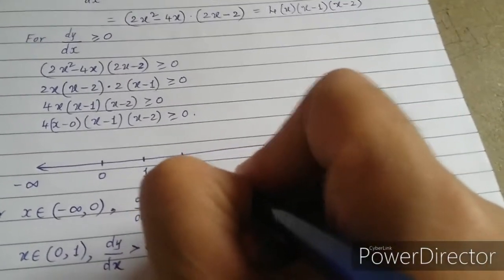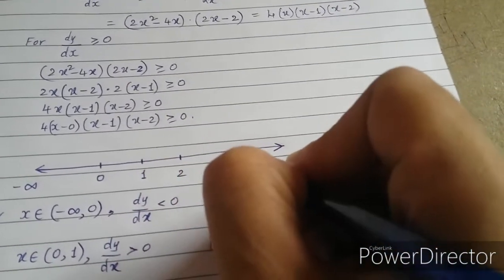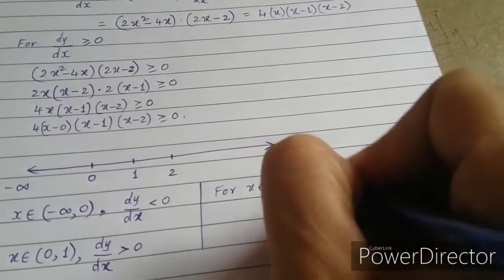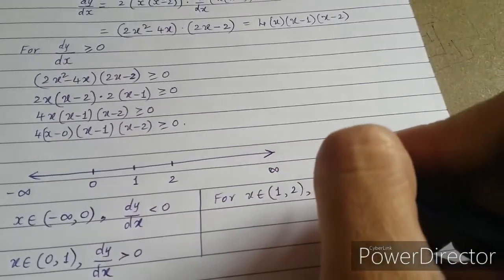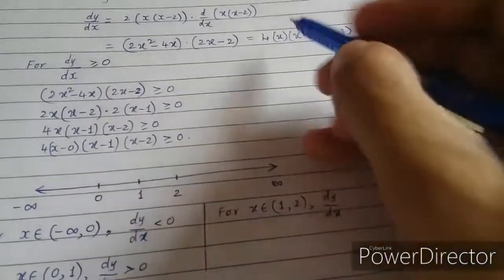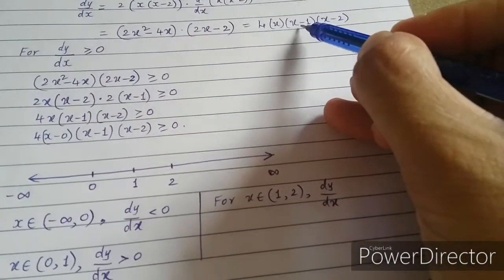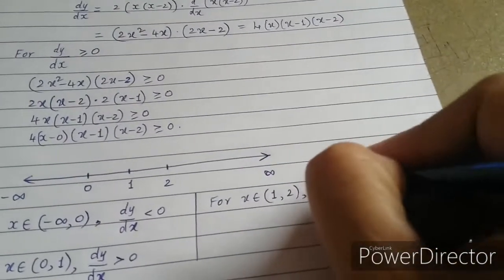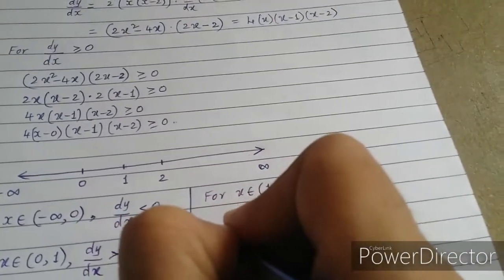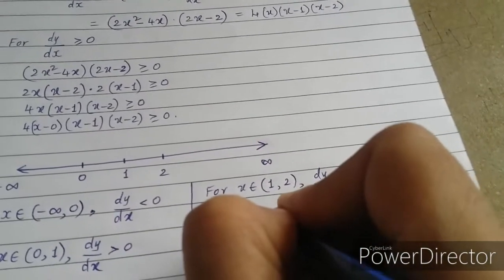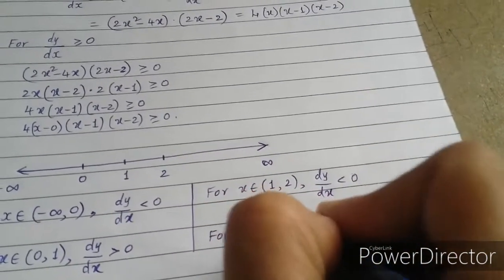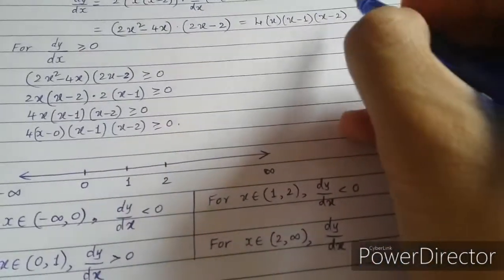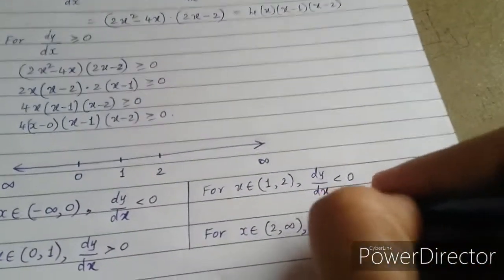Similarly, for x belongs to 1 to 2, dy by dx greater than 1 and less than 2, positive, negative, positive and negative, less than 0. For x belongs to 2 to infinity, dy by dx greater than 2, x is greater than 0.